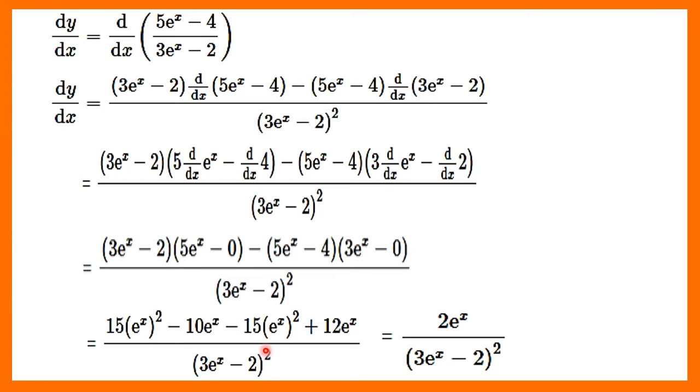So we simplify here, 15 e raised to x the whole square minus 15 e raised to x the whole square will get cancelled, and minus 10 e raised to x plus 12 e raised to x is 2 e raised to x, divided by 3 into e raised to x minus 2 the whole square, is the derivative of the given function.